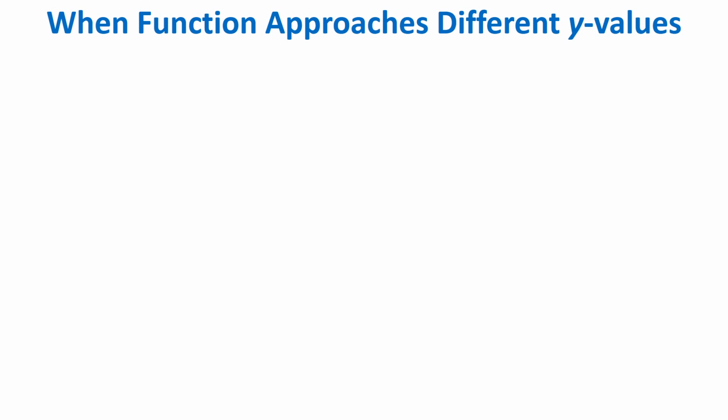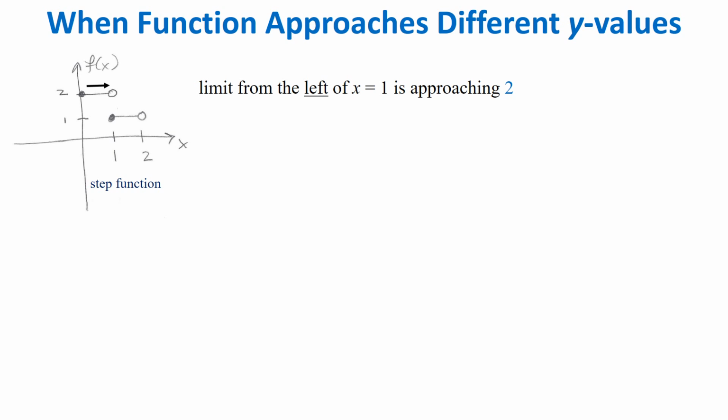Now, what happens if we're approaching two different y values when we're looking from one side and then from the other? So let's look at this. This is what's called a step function. We might have seen this earlier in the semester. Looking at the x values that are just smaller than 1, like 0.999, 0.99999, those values are approaching 2.